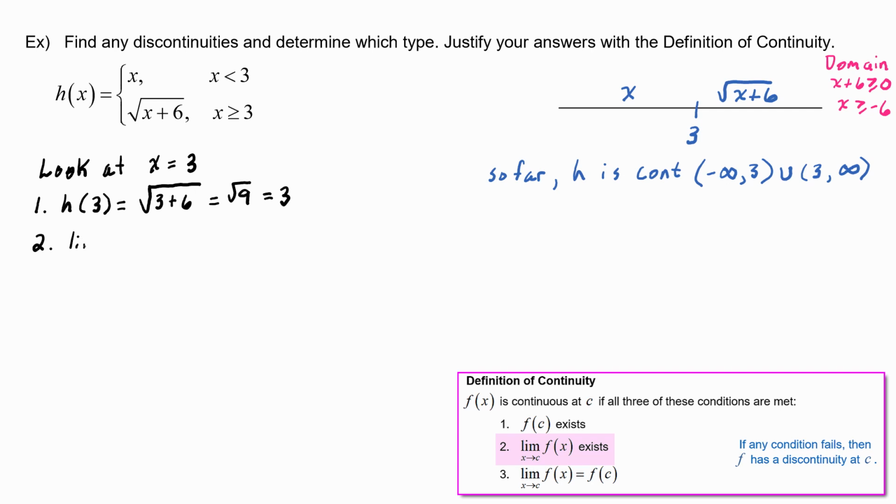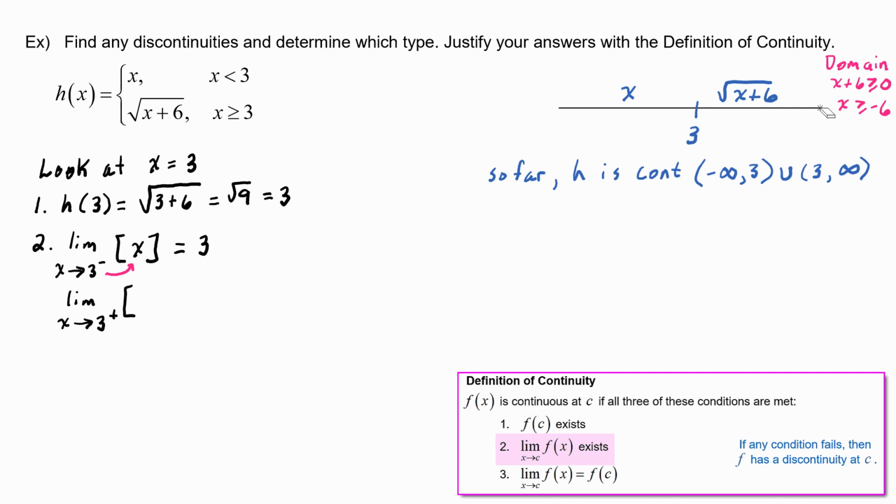So the limit as x approaches 3 from the left, we know we have to use this piece, which is x. We can do a direct substitution, and this limit is equal to 3. Now we need to look at the limit as x approaches 3 from the right.